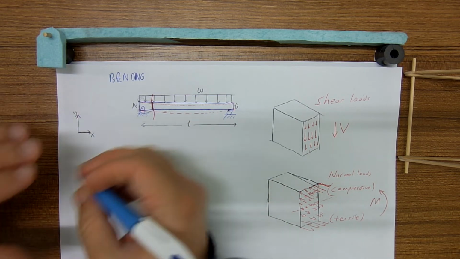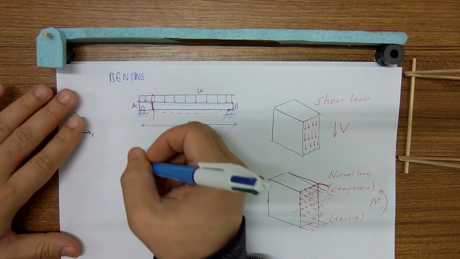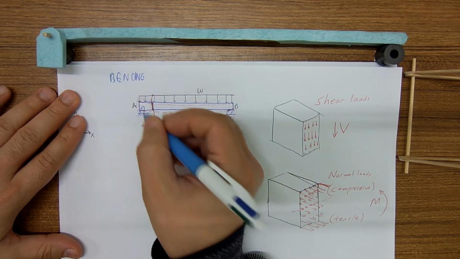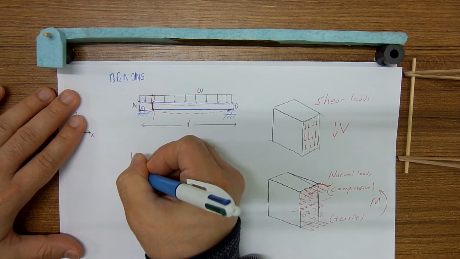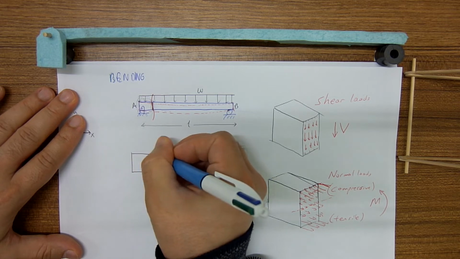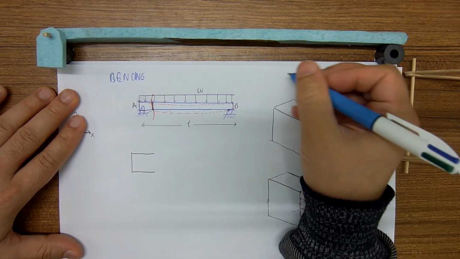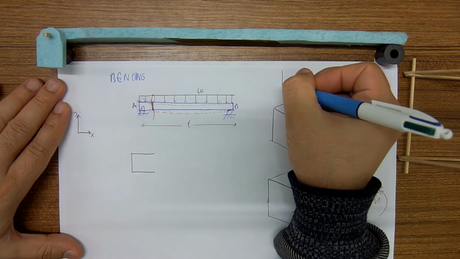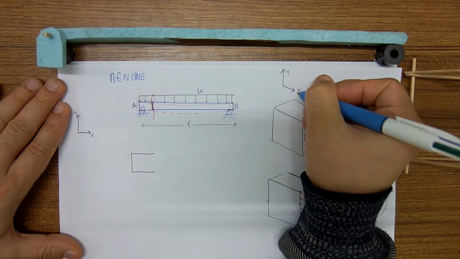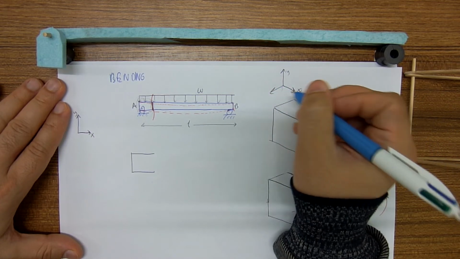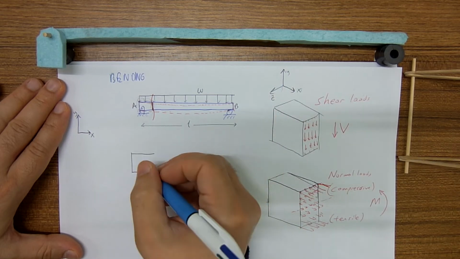Okay, we draw a free body diagram of the segment 1 in 2D. These were in 3D, and this is in 2D.